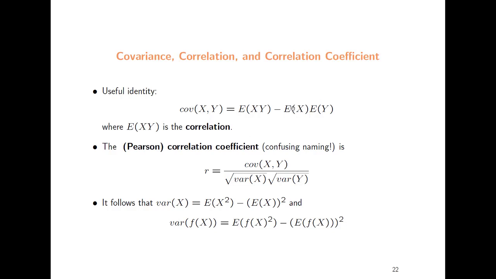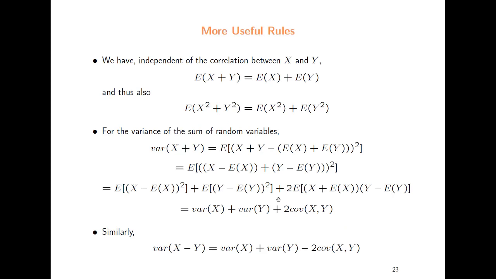This follows from this equation directly. And also, if we have a function of x, the variance of a function of x is the expectation of f of x squared minus the square of the expectation of f of x. You can use these equations now as a reference table to look up whenever needed, whereas the first equations are really important, and you should really learn them if you don't know them already.